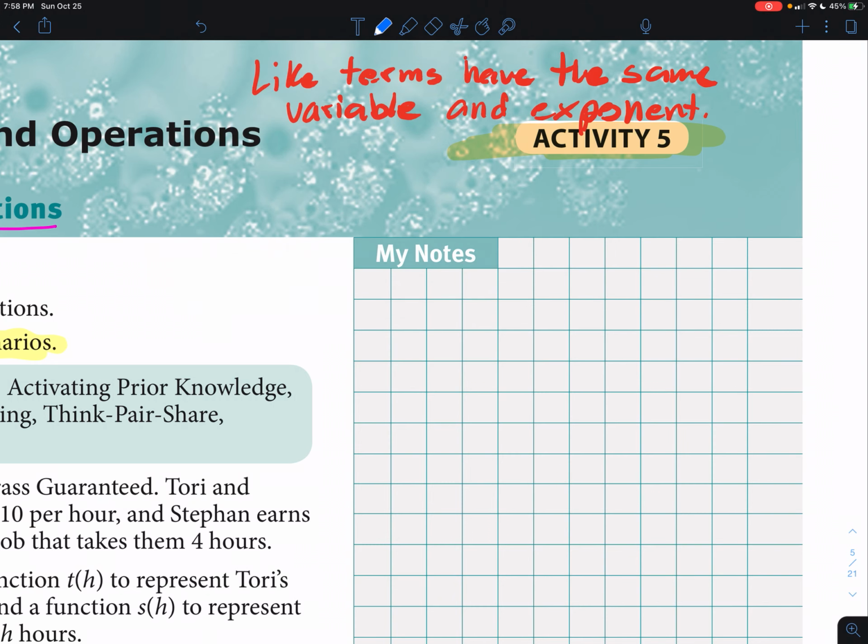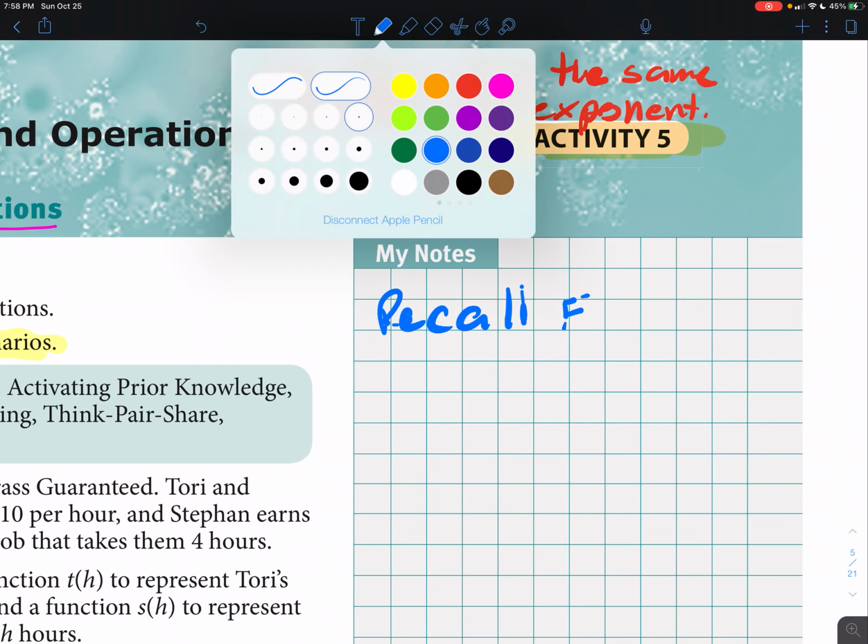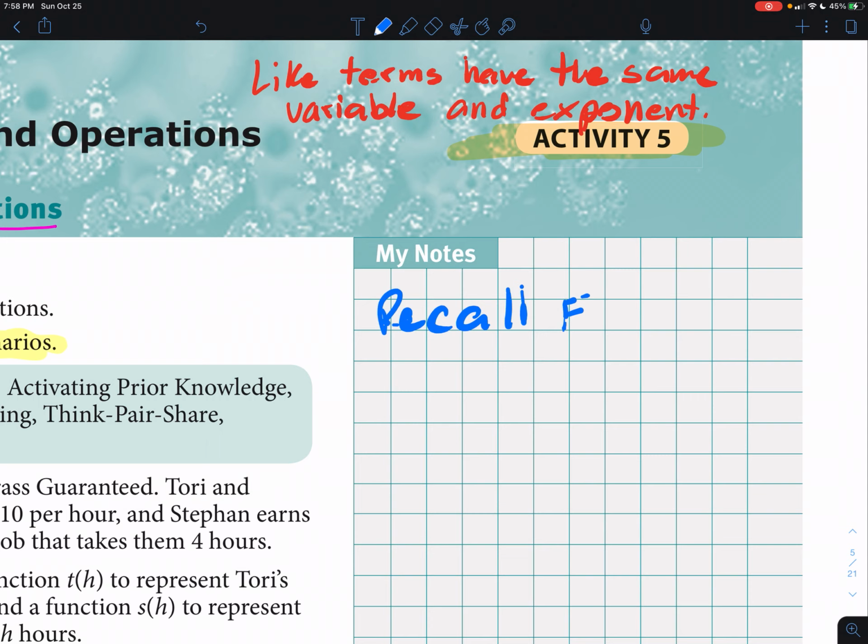So function notation, which I have talked about before in previous videos. Recall function notation. Function notation looks like this: f of x equals whatever your expression is, okay?